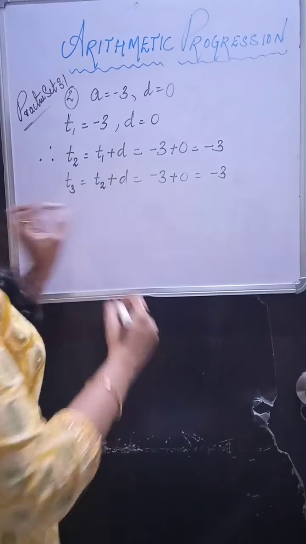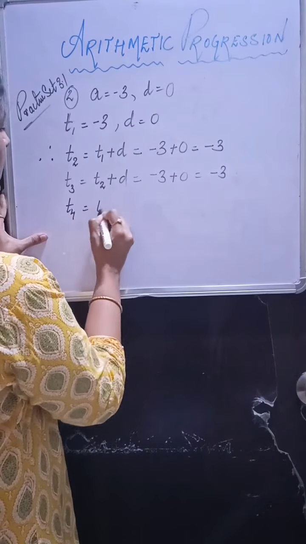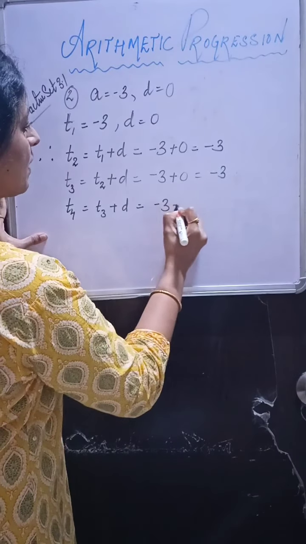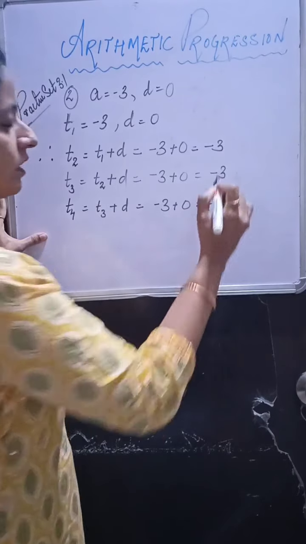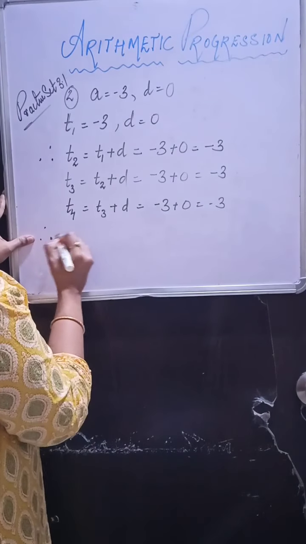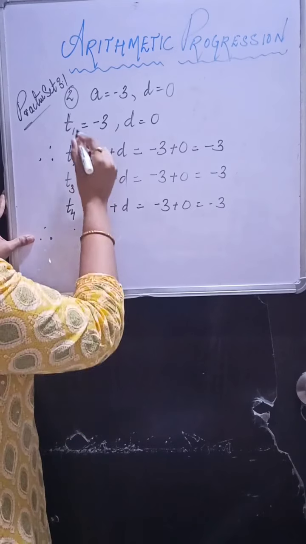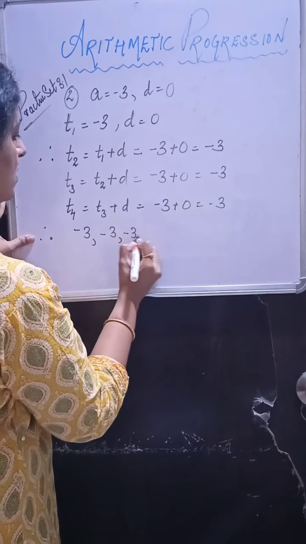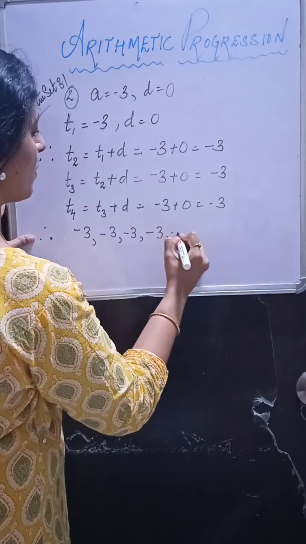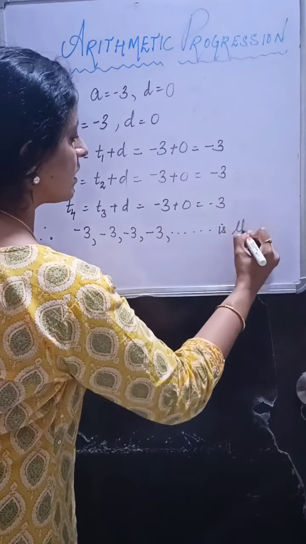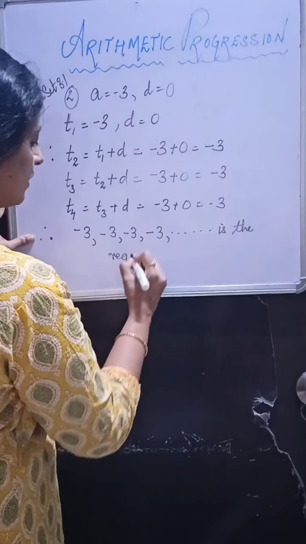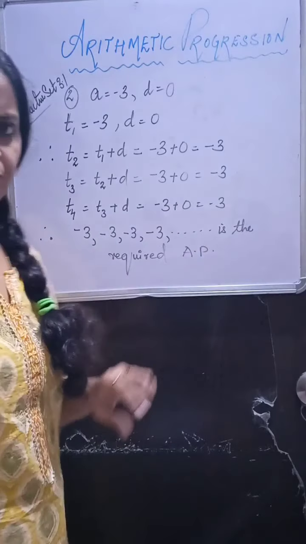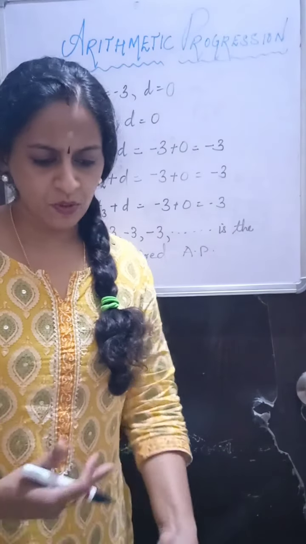In this way, T4 will be T3 plus D, which is equal to minus 3 plus 0, minus 3. Therefore, minus 3, comma, minus 3, comma, minus 3, comma, minus 3, comma, dot dot dot is the required arithmetic progression.